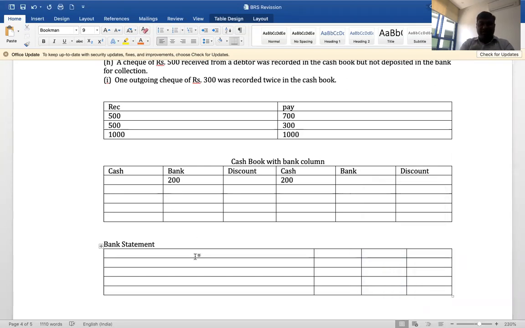Let's say the opening balance is, let's say, 10,000, right? Then you have deposited. Let's say this is debit, this is credit. Okay, sir.